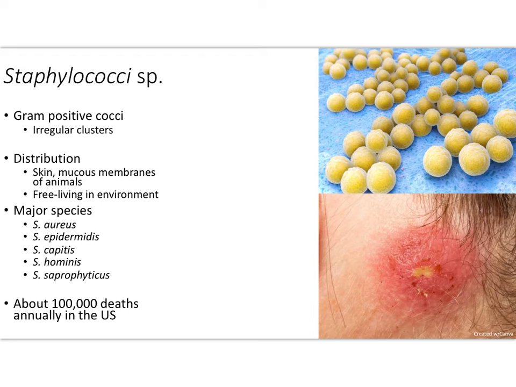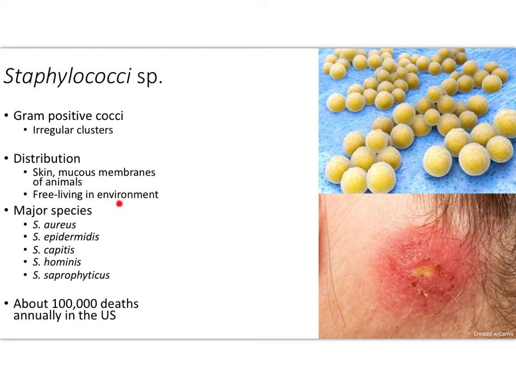And we find species of Staphylococci primarily associated with the skin and mucous membranes of animals. And most of the time, the animals that we find them on are mammals and humans, which are a type of mammal. But we can find them occasionally associated with other types of animals as well. Most of the time, though, when we think about Staphylococci, we're thinking about the ones that are associated with humans and other mammals.